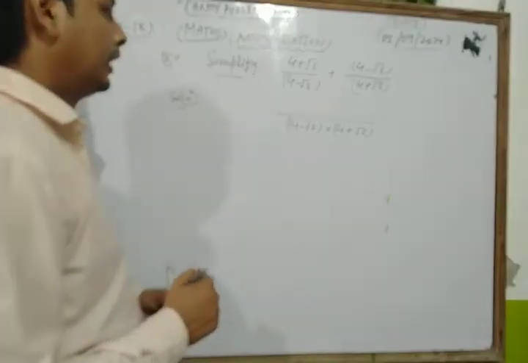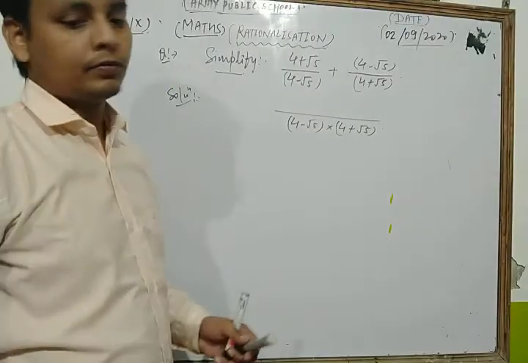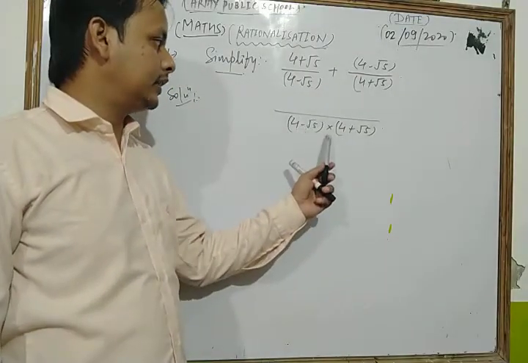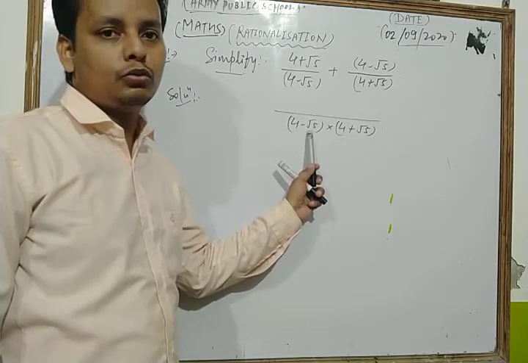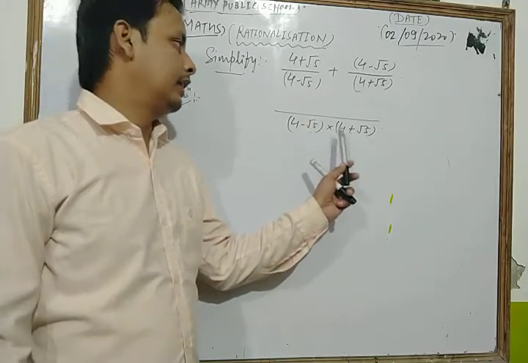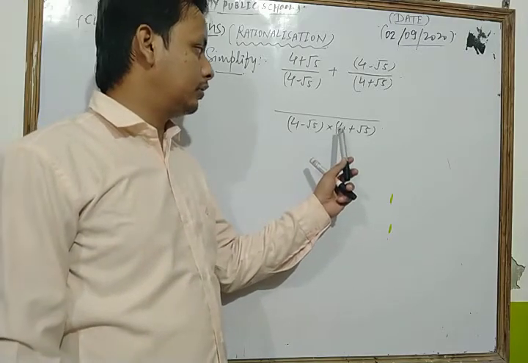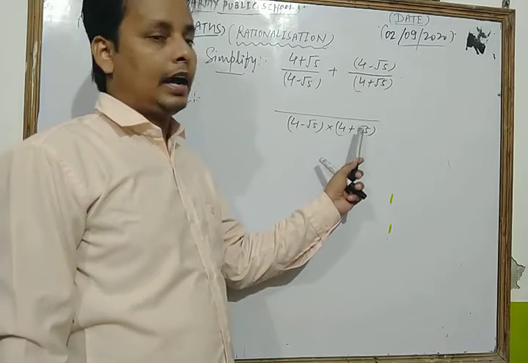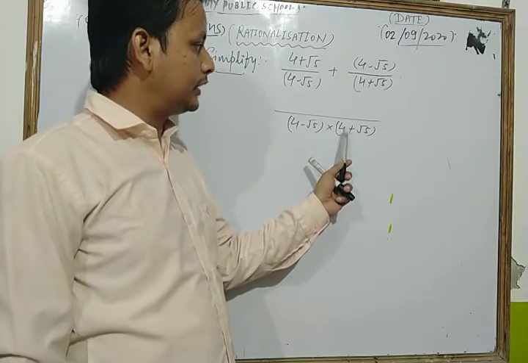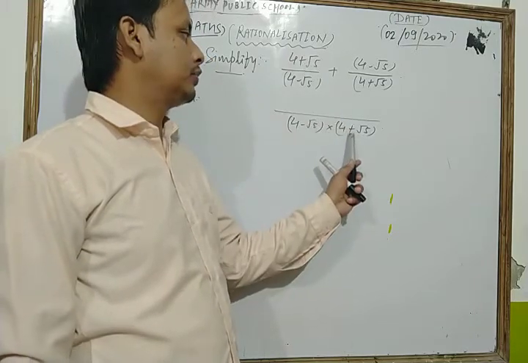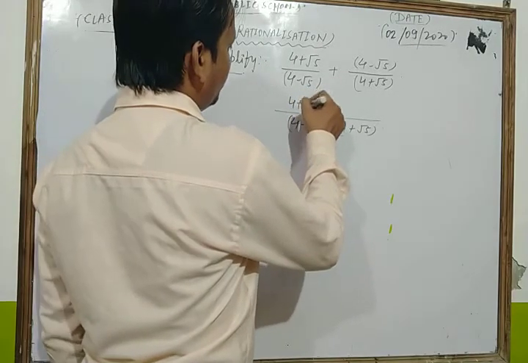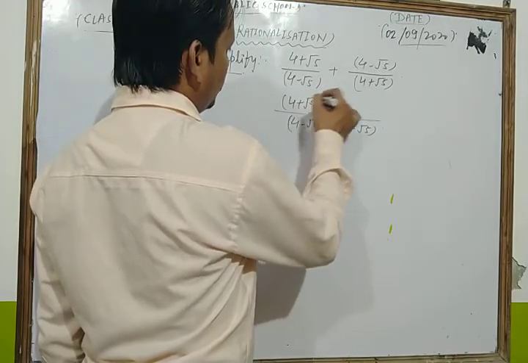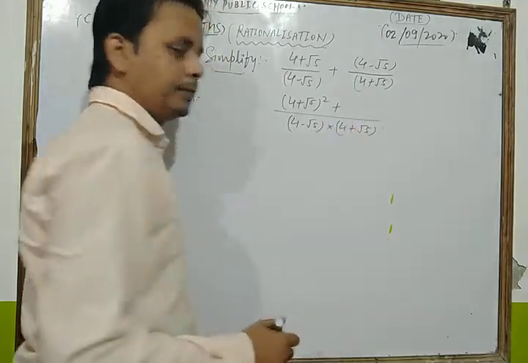If we divide the LCM by the first denominator, 4 minus root 5 cancels, and the left quantity is 4 plus root 5, which we multiply with the numerator. So (4 plus root 5) into (4 plus root 5) is (4 plus root 5) whole square, plus we write the next term as it is.